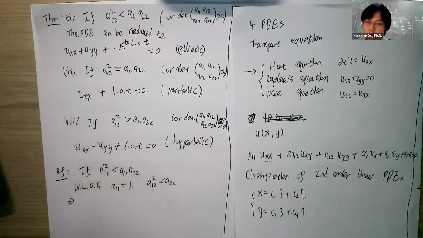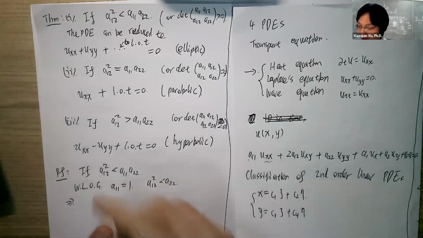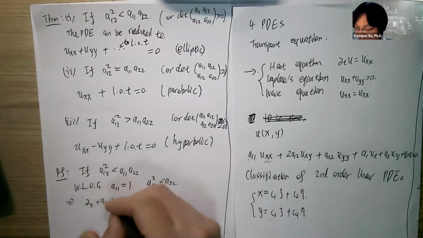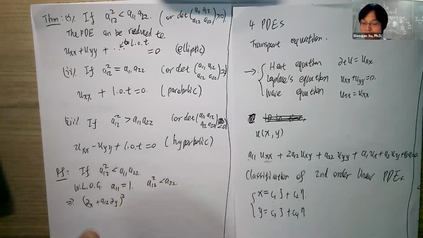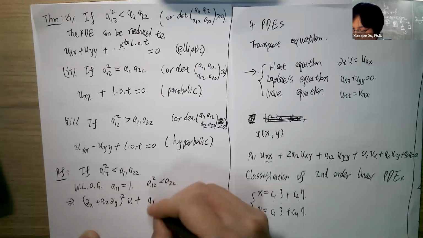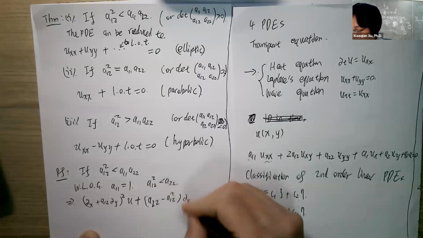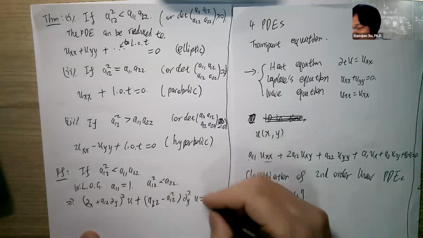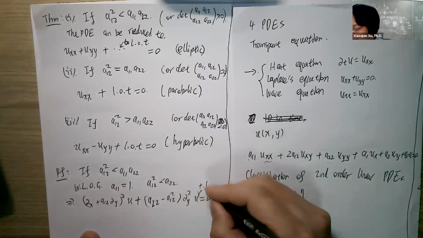So in this case, we can do something like a perfect square, just as we did for the ODE, as well as operators. What we can do is (partial x plus a12 partial y) squared acting on u, plus (a22 minus a12 squared) times partial y squared u equals 0, and maybe plus some lower order term.